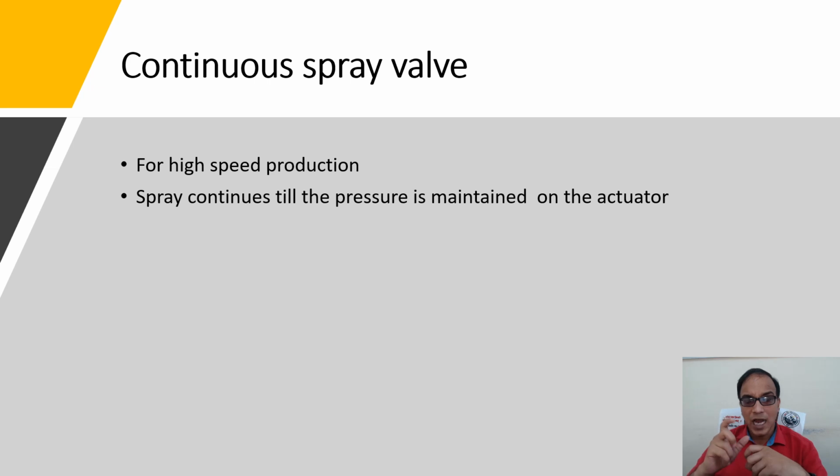So the kind of valve which provides the continuous spray till you have given the pressure on it will be called a continuous spray valve. Okay, it means there is no mechanism of measuring an amount which is going outside, because the amount of the continuous spray depends on the pressure timings onto the valve.